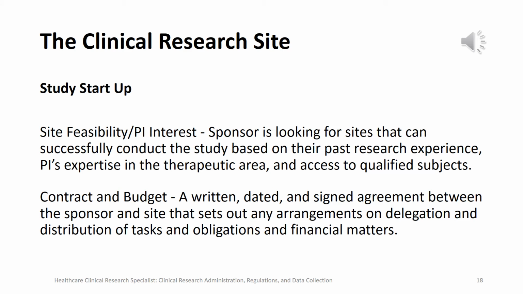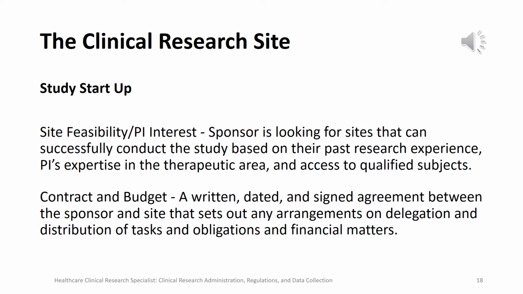We're also going to get a contract and budget out to the site. This is going to be a written, dated, and signed agreement between the sponsor and the site that sets out any arrangements on delegation, distribution of tasks and obligations, as well as the financial specifics that are associated with the trial.